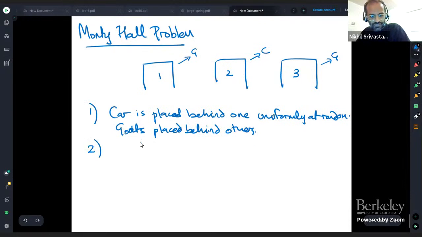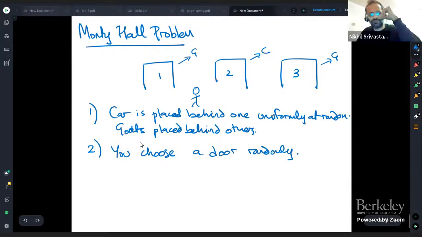Then the contestant, you, see these doors and choose one. Let's also assume randomly, since you have no information. You don't see anything, so you choose a door, also randomly.